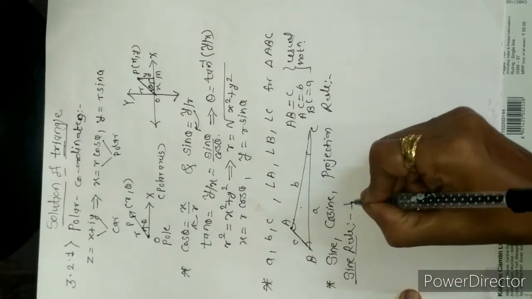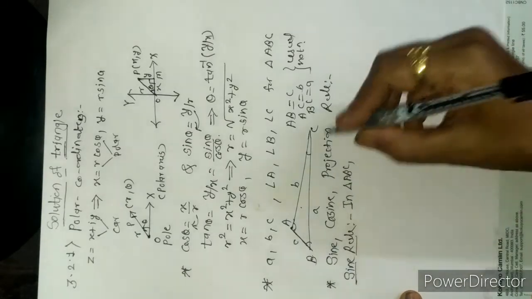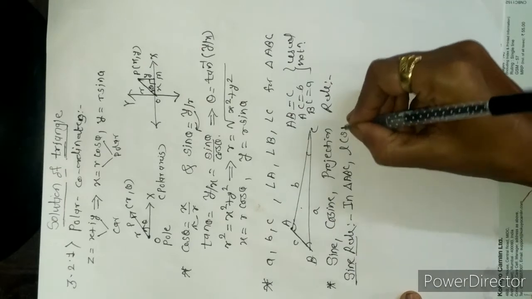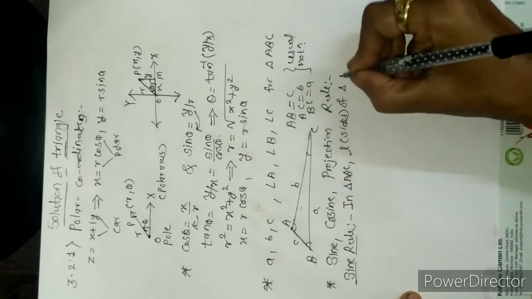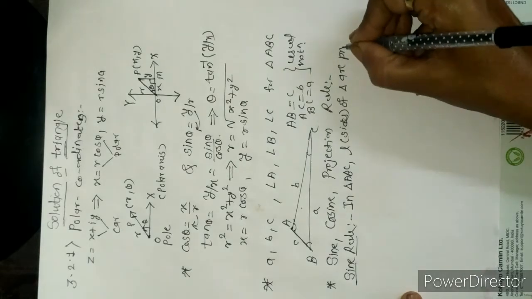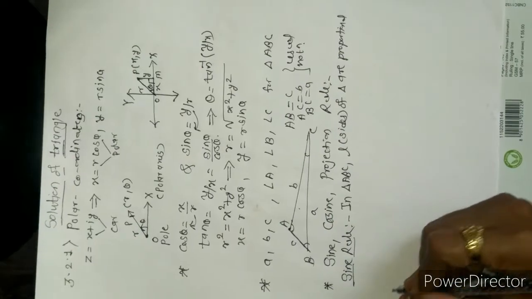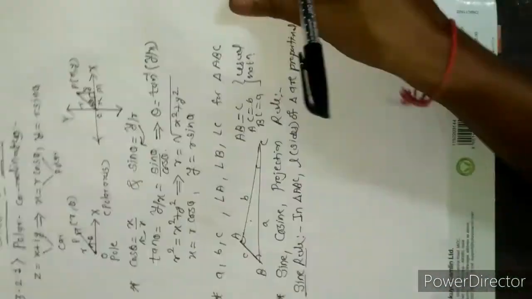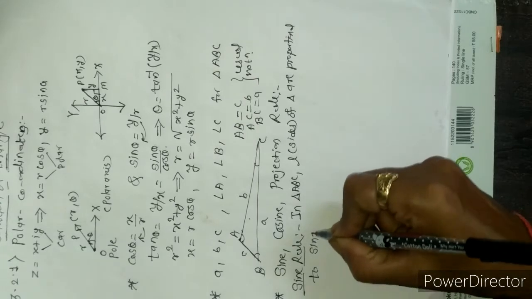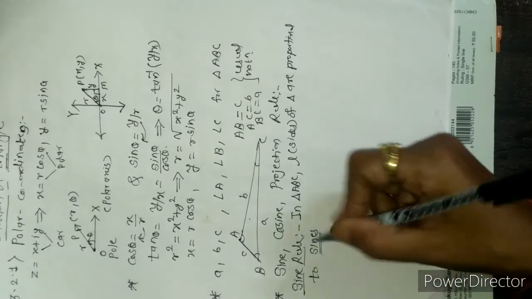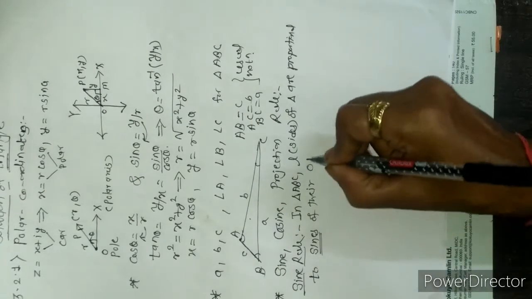Now the sine rule for triangle ABC gives this statement: in triangle ABC, the lengths of sides of the triangle are proportional to the sines of their opposite angles. Sines means sine ratio.